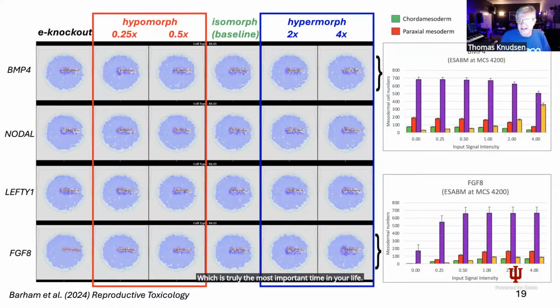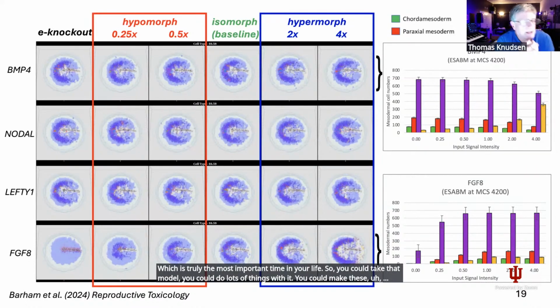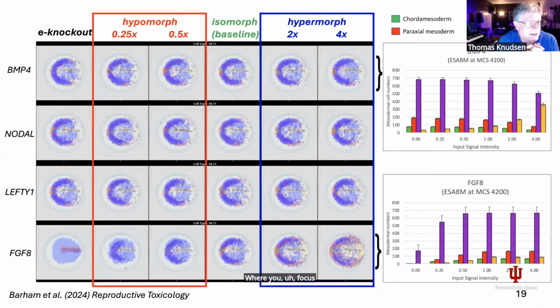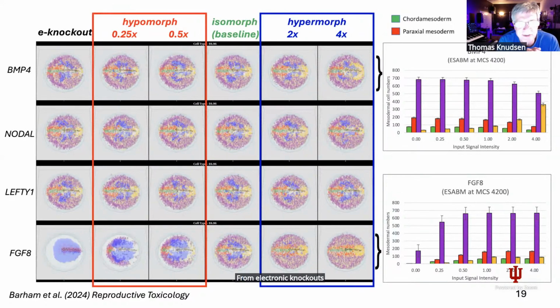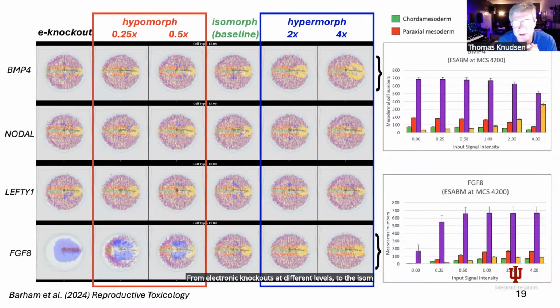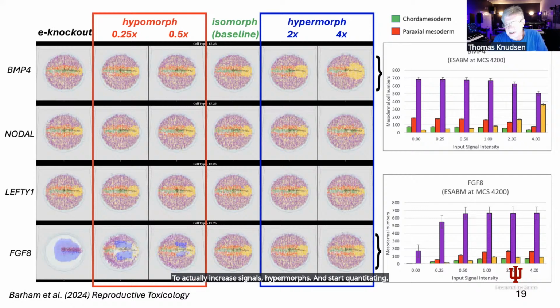So you could take that model, you could do lots of things with it. You can make these arrays where you focus on the key signals in the system, from genetic knockouts at different levels to the isomorphs, which is the normal, to actually increase signals, hypermorphs, and start quantitating cell outputs destined for different parts of the mesoderm to try to make inferences on which particular growth factors might be most important in specifying the system.